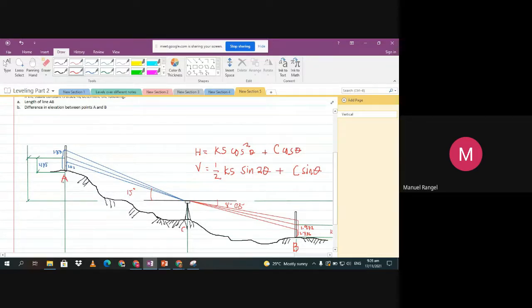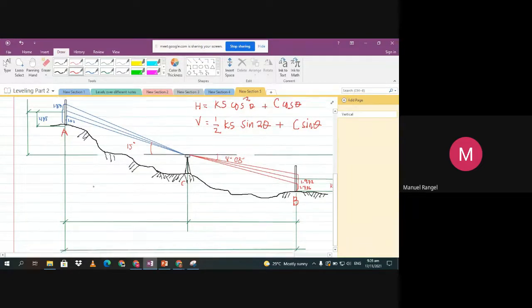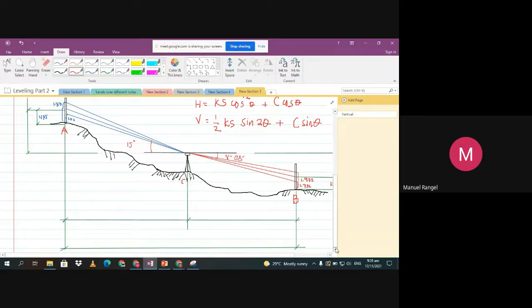So, focus ata sa A. So, the Stadia interval for A is the upper reading minus lower reading. So, let's say this is H1, H2. Then this is H or the line of A to B na di pangita.